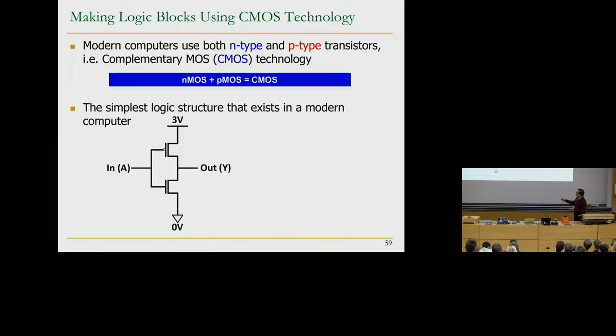If the input is 0 volts, you'll get 3 volts out here. If the input is 3 volts, you get 0 volts out here. And you can encode 0 volts as 0, 3 volts as 1. Now you built a Boolean inverter that takes a 0 to 1 and a 1 to 0. And this is one of the simplest logic gates that you have.